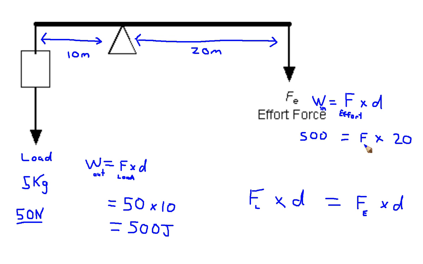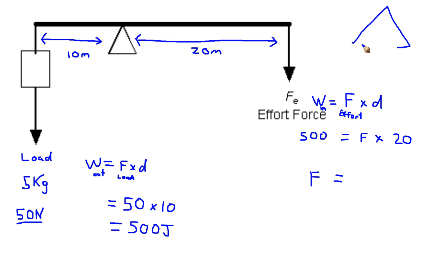So we can rearrange that slightly and solve for force, and you can use the triangle if you find that simpler. Remember, in the triangle, work on the top equals force times distance.